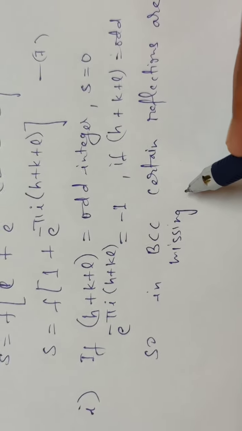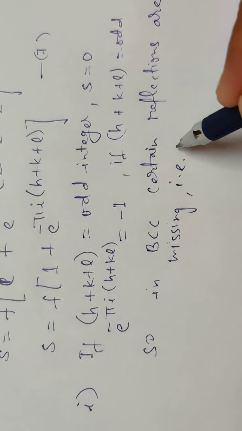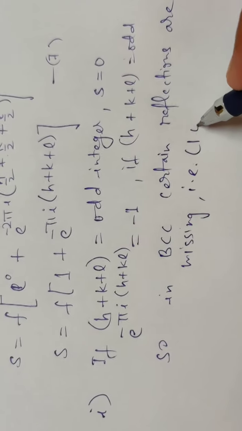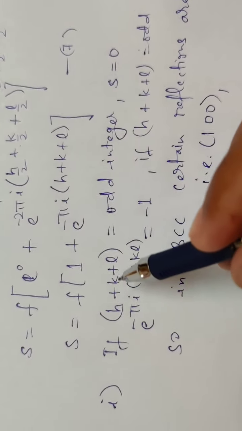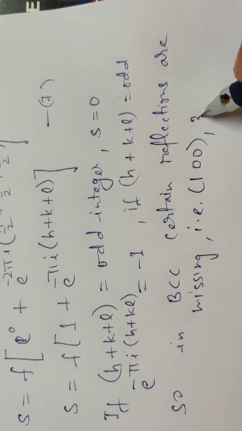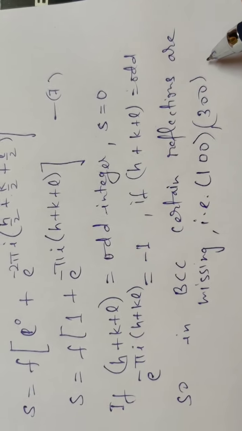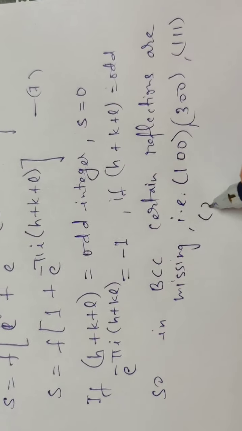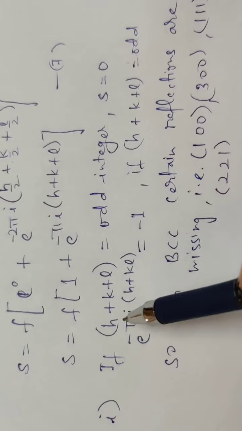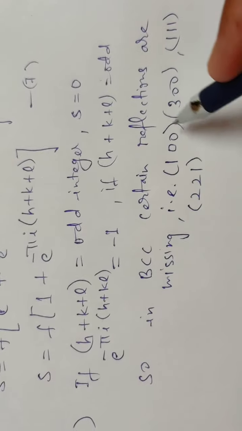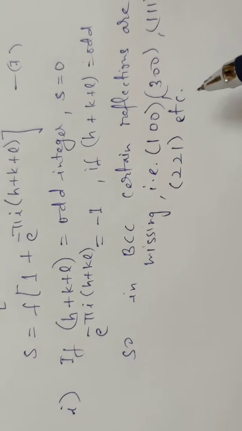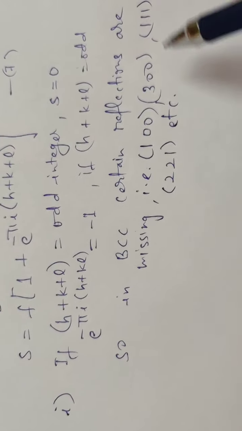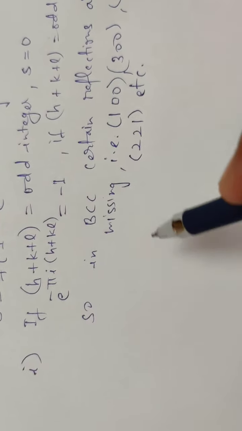These will be 1 0 0, 3 0 0, which are odd, and 1 1 1, 2 2 1, 3 3 1, etc. These reflections are missing because for these combinations S is equal to 0.